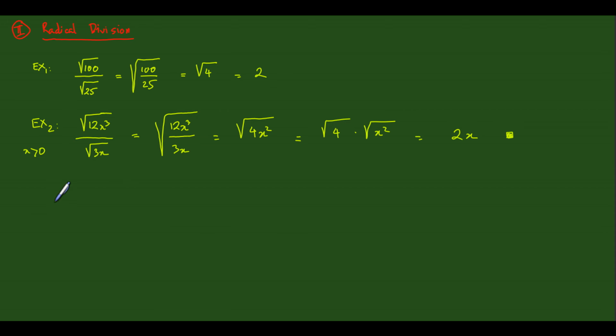Alright. So that is for multiplying and dividing radical expressions. Now I want to show you another way to simplify radicals. This method we call rationalization. What is rationalization?